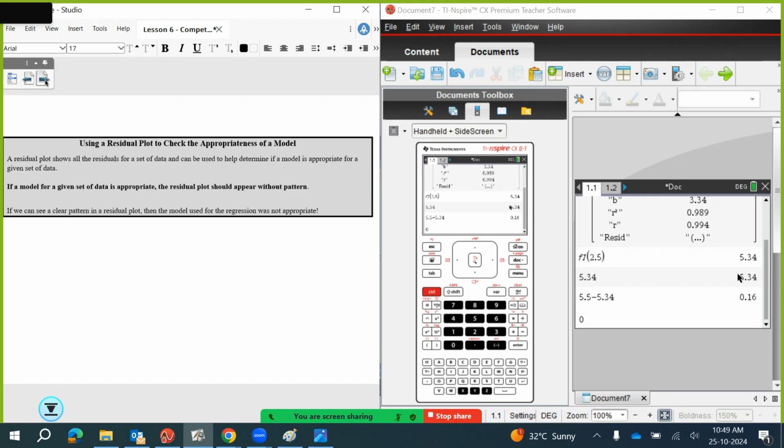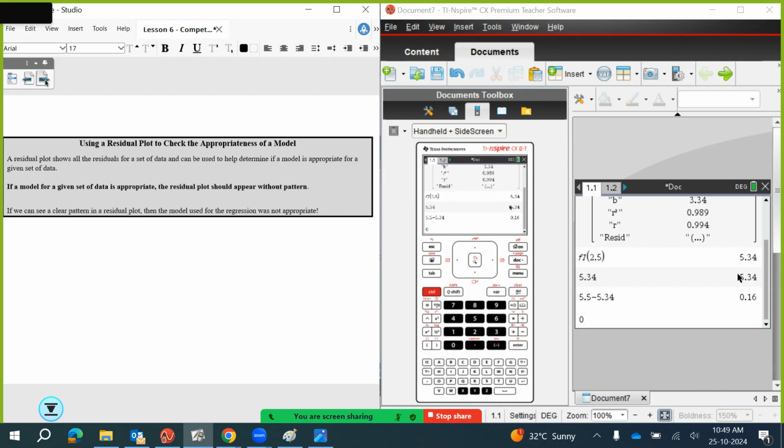If a model for a given set of data is appropriate, the residual plot will appear without a pattern. It means they'll be randomly scattered up and down. If they seem to form some type of a pattern, like a quadratic or something, then that means this is not an appropriate model. It's showing that there is an underlying element that we have missed.